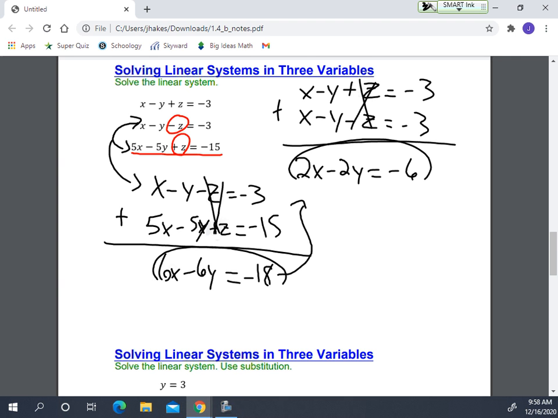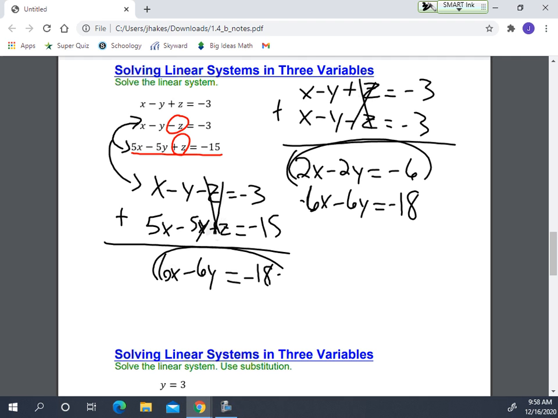I have 6x minus 6y equals negative 18. Okay, now what I'm going to do is I have to cancel something. How about this? How about that we cancel our x's? Does it really matter? No, because whatever we multiply here, and you'll see, it really won't work.